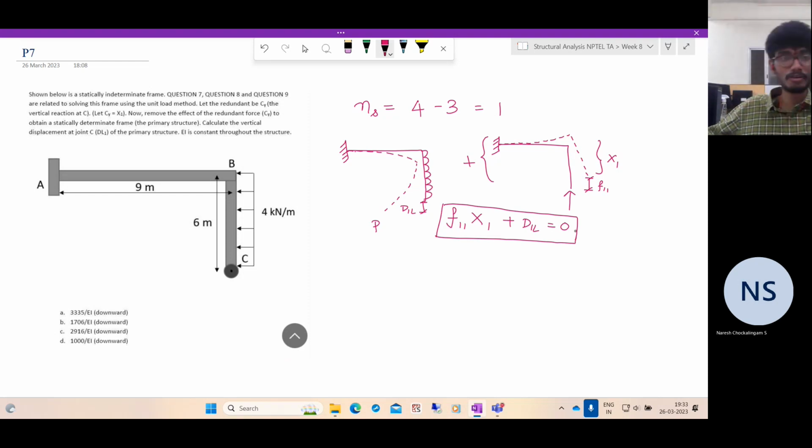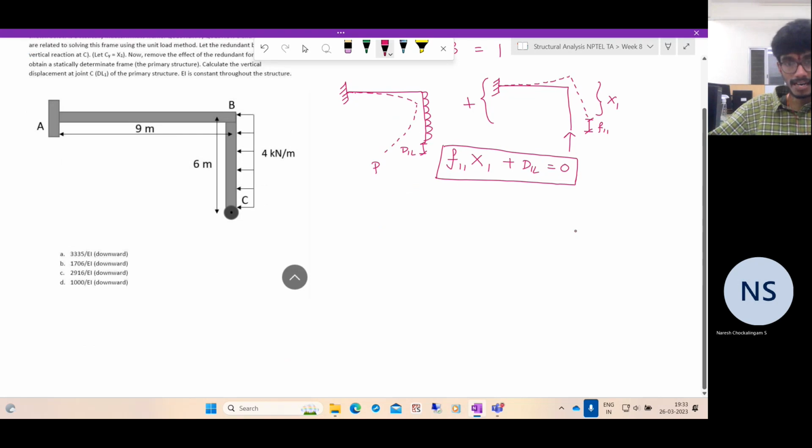So given this, now how are we going to solve the problem? The only difference is the energy, right? So let's determine d1L first. A virtual unit load is acting on the real displacement d1L. But what is it equal to? It is equal to two things. Consider this member x1, consider this member x2.